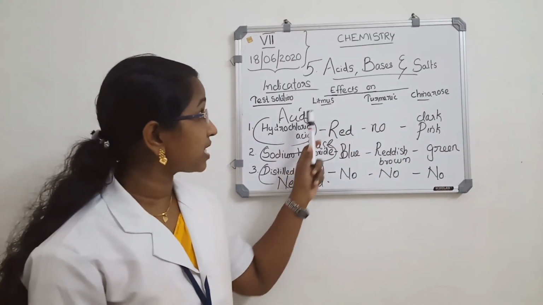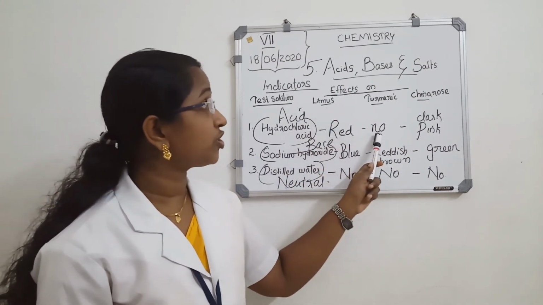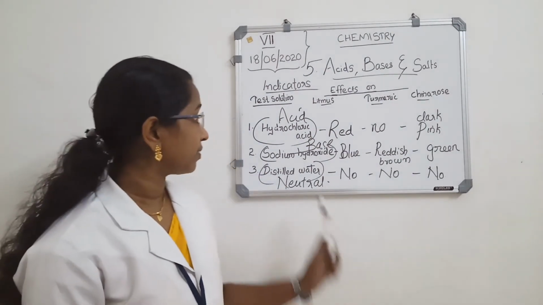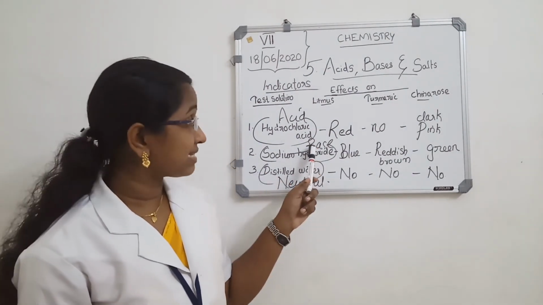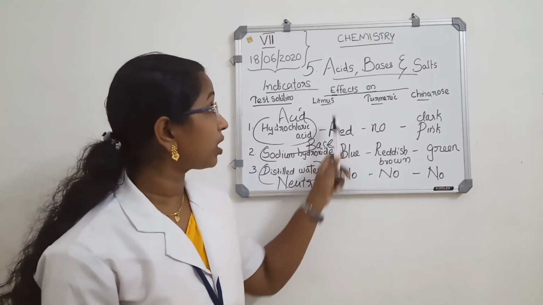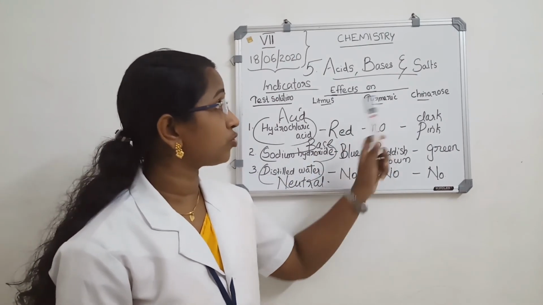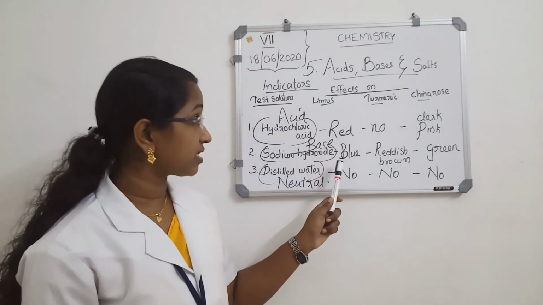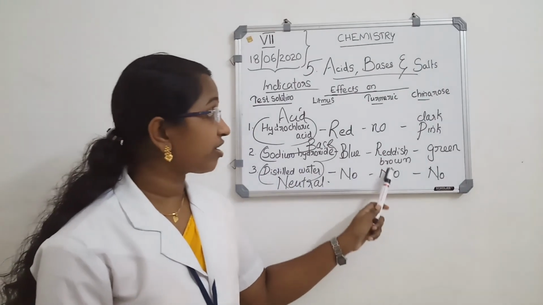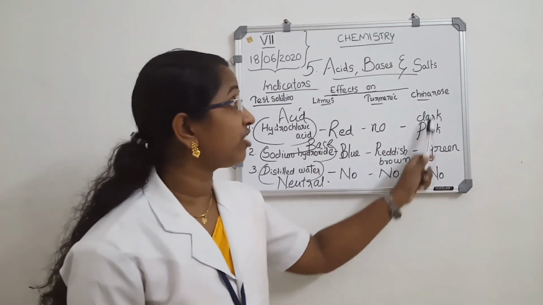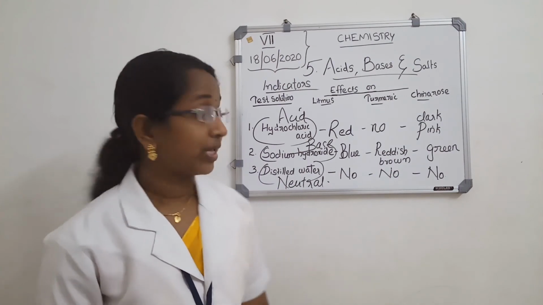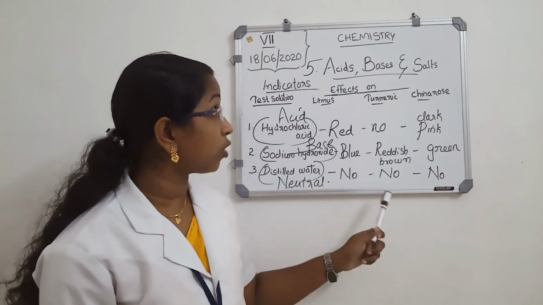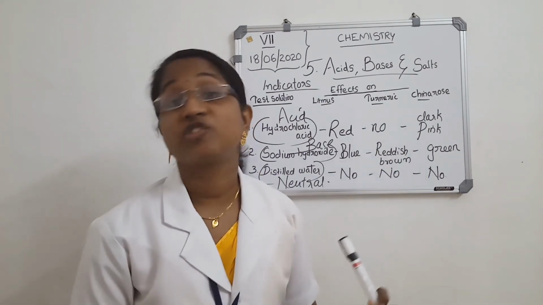Basic substances show blue color to litmus, reddish brown to turmeric, and green color to China rose. Neutral substances show no change in litmus, no change in turmeric, no change in China rose.